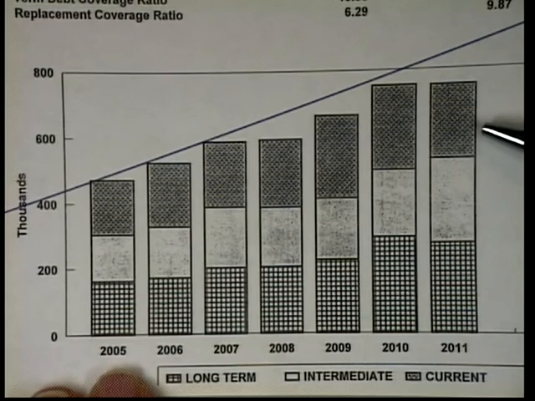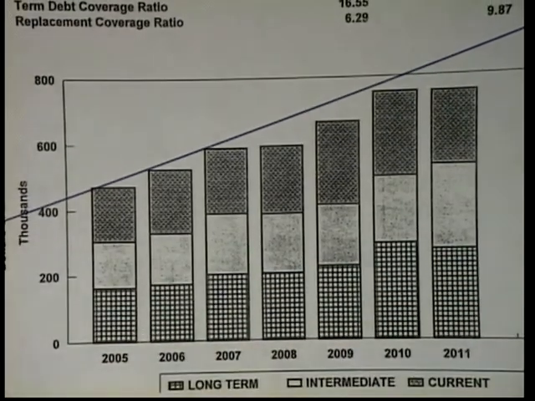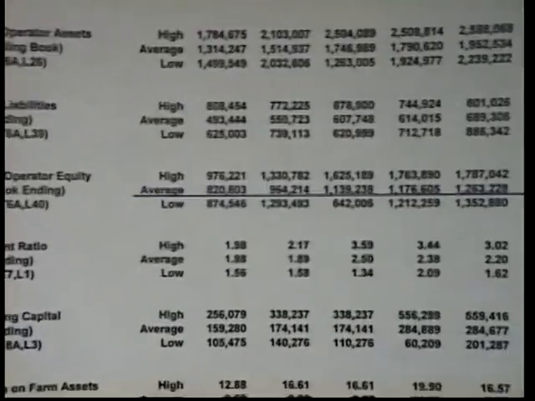So what we're doing is we're shifting more from the current liability portion into the intermediate and terming it out, putting it on a 3 or 5 year plan, and having a fixed rate of interest.